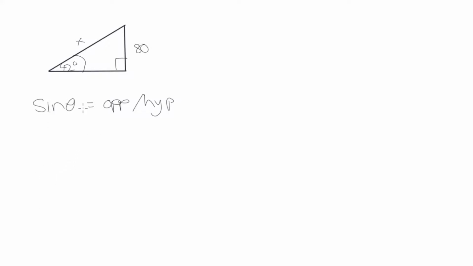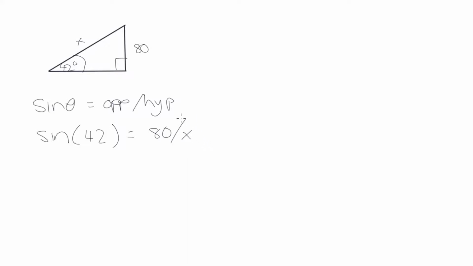So let's set this up in terms of our actual values that we're given here. So we know that sine of 42 degrees is equal to the opposite side, which is 80, over the hypotenuse side, which is x. Now, if we want to isolate for our x, we're going to have to get it out of the denominator.